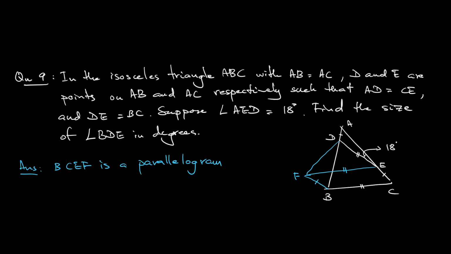If you try to compare the triangles, first thing first, I would have BF equal to CE, which is then equal to AD.